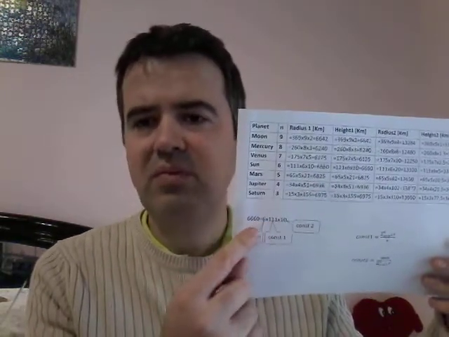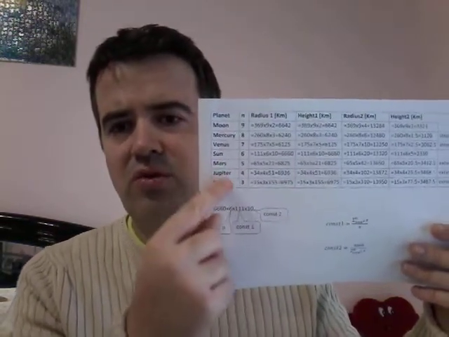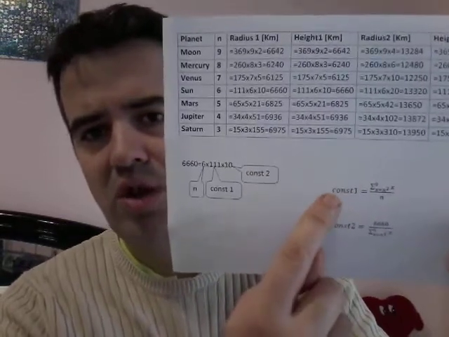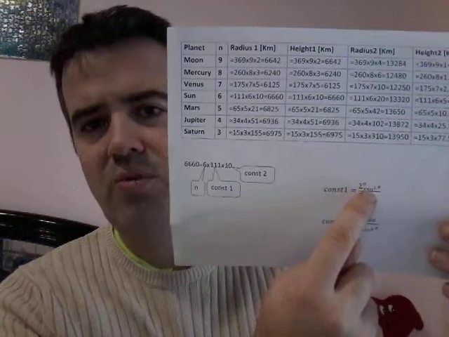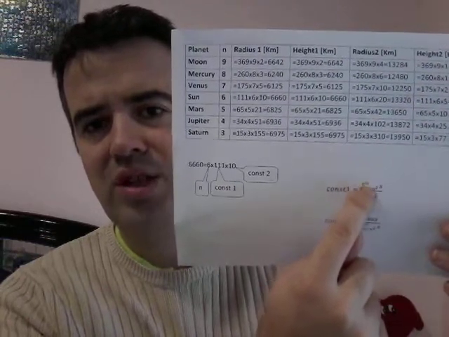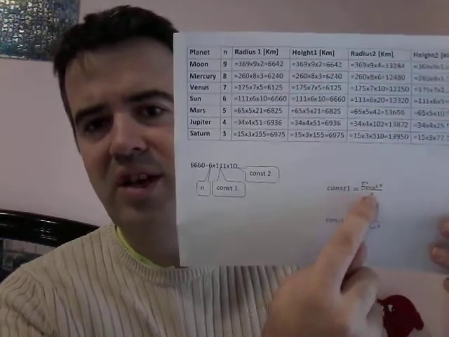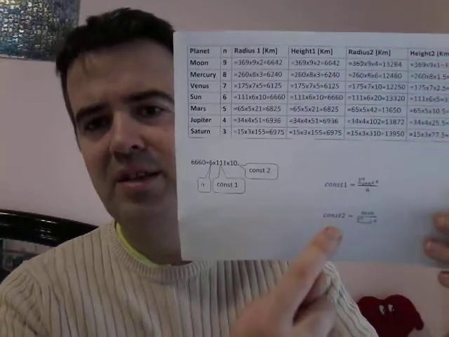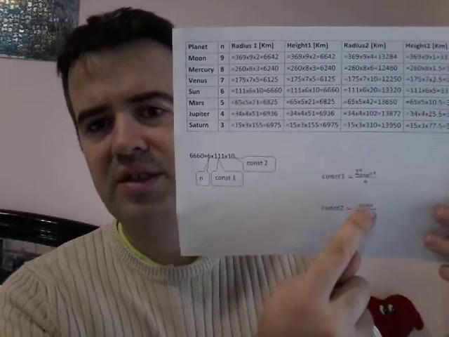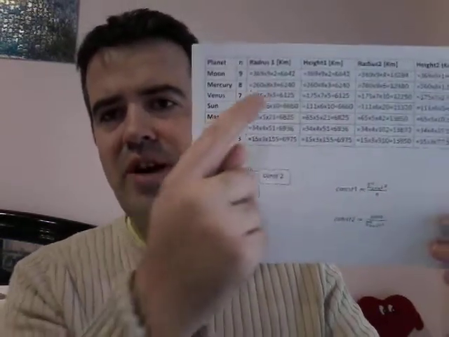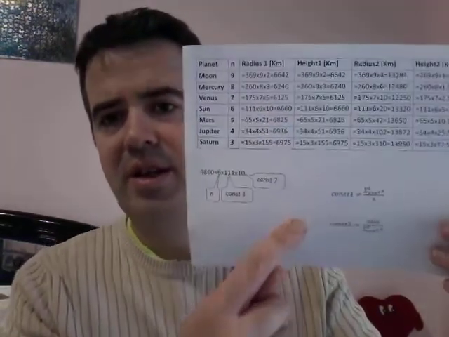However, if you make this calculation for the planets using this formula, constant 1 is the summation for x that goes from square root of n to 0 of x divided by n, and constant 2, this one referred to the 666 of the Sun, you will find all these numbers.